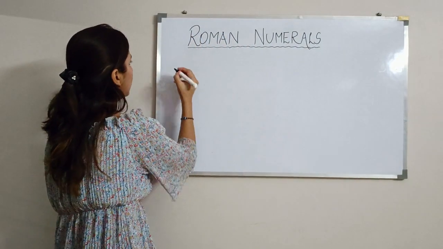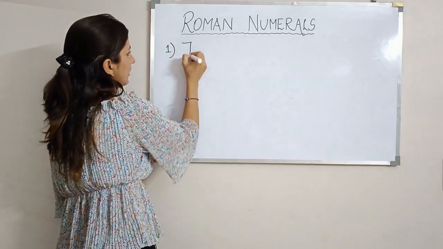So firstly, there are 7 basic Roman numerals.